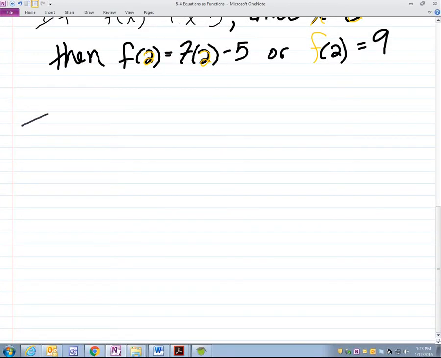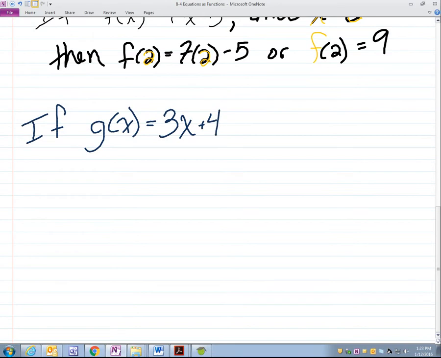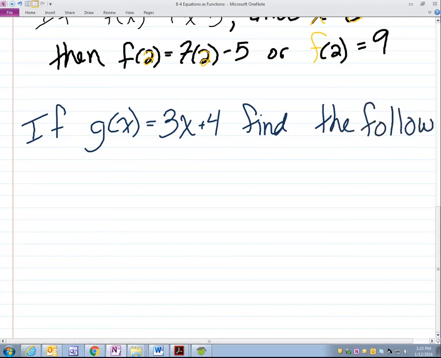Okay, here's another example. If g of x, because this is showing that functions can be represented with different letters, if g of x is equal to 3x plus 4, find the following.